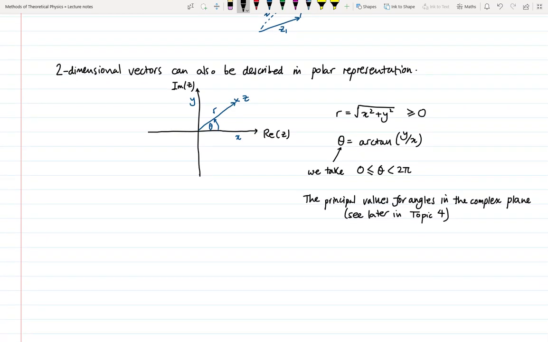Now, from this picture here, it's easy to read off that the real part of the complex number z, given by x, is r times cos theta, and the imaginary part y is given by r times sine theta. Putting these together, we can write our complex number z is x plus iy as r times (cos theta plus i sine theta).